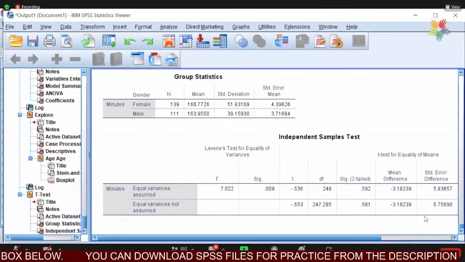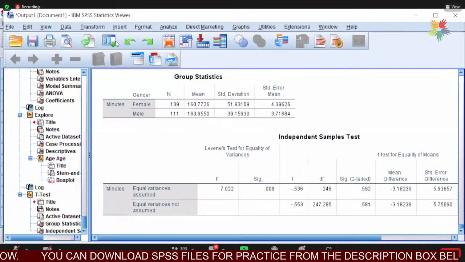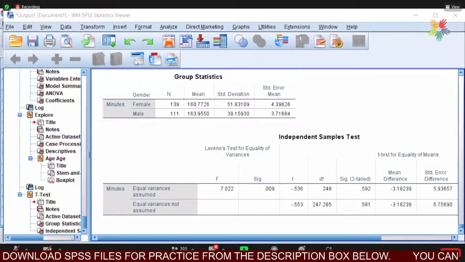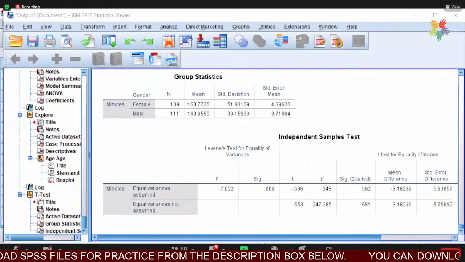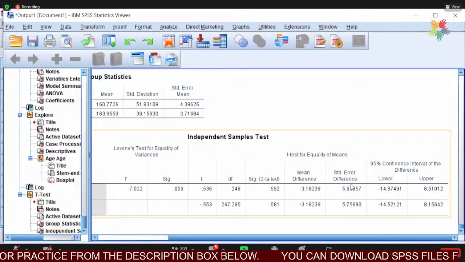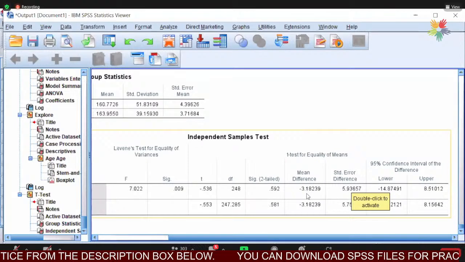Another point is the lower bound and upper bound. They are automatically there.